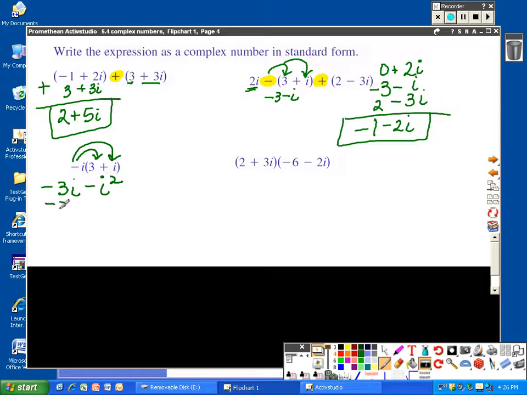On the previous page, we learned that all i squareds can be replaced with a negative 1. So this becomes 1 minus 1. So a negative negative is a positive. And imaginary parts come second and reals come first. So it would be a positive 1 minus 3i, be your final answer.